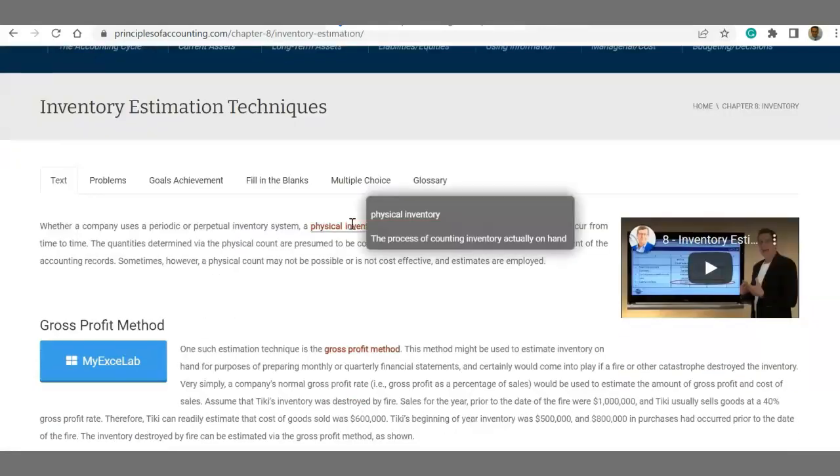So in regards to inventory estimation method, you have to be sure, you have to do physical inventory count at the end of each year to make sure what is actually on hand available. And that way you can maybe see if there is an employee theft or any damage to inventory or anything else.